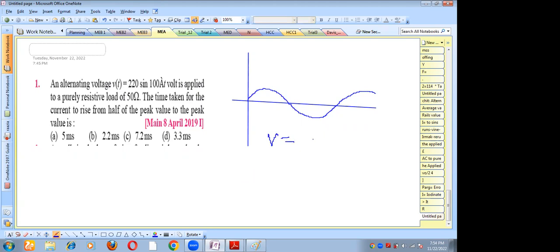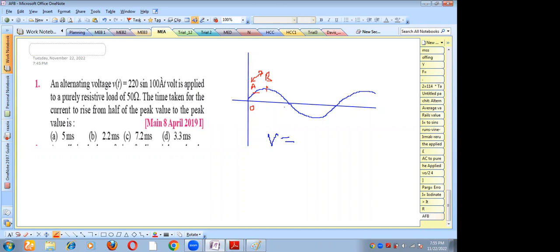And for the current to rise from half of the peak value to peak value, suppose this is point A, right? This is the peak value point B. So you have to calculate the time from A to B, right?